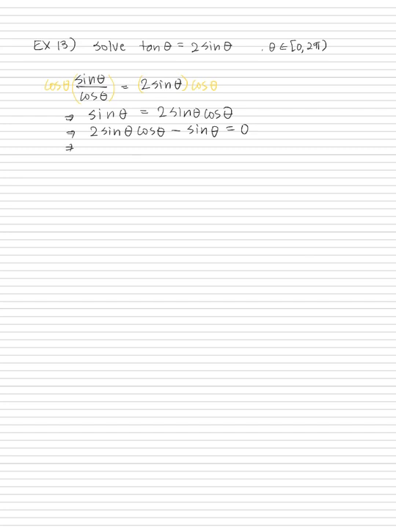Alright, let's try to factor out the sine of theta. If this method does not work, we'll try something else. So sine of theta, and then here you're going to have 2 cosine of theta minus 1 equals 0. Oh, I think this is going to work out. So that implies that either sine of theta is 0 or 2 cosine of theta minus 1 equals 0.